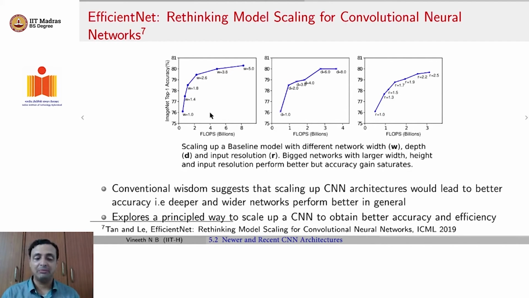But when they ran studies to observe the trend of increasing depth, increasing width, and increasing resolution, they found that it did increase but plateaued after a certain time. And they tried in this method to explore a principled way in which a CNN can be scaled based on resource constraints.